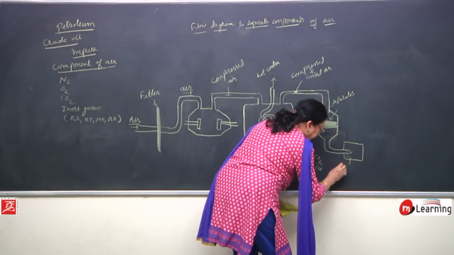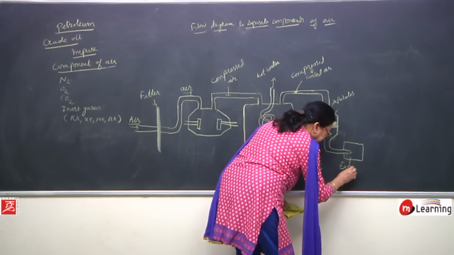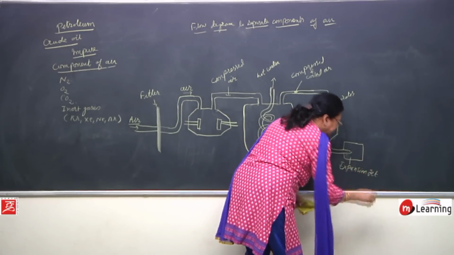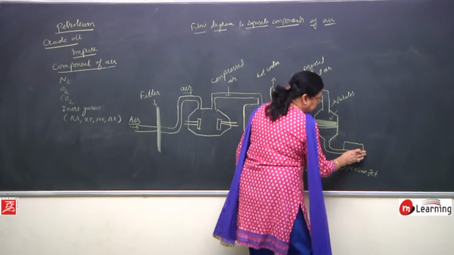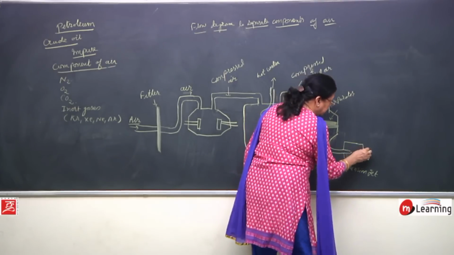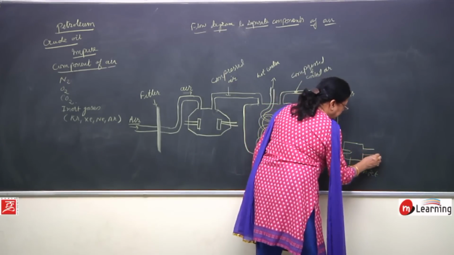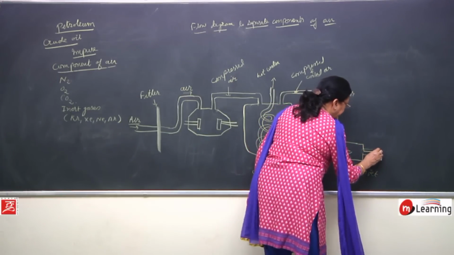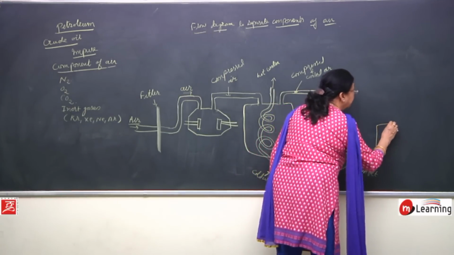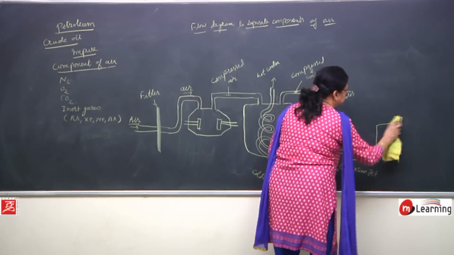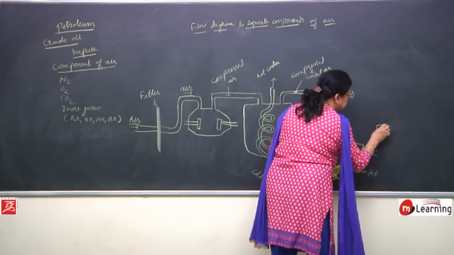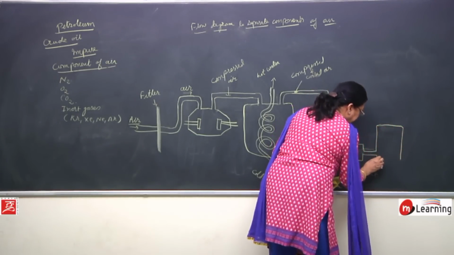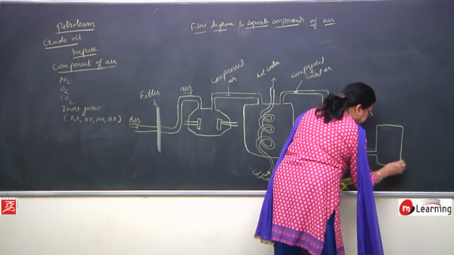This is the expansion jet. Now, from here, the air goes into a fractionating column.